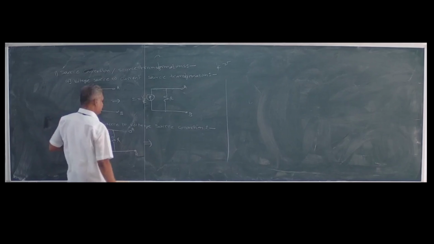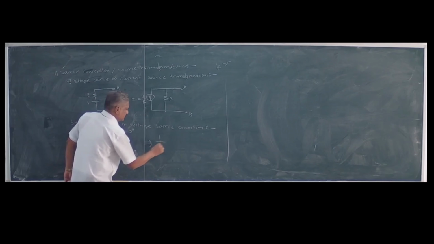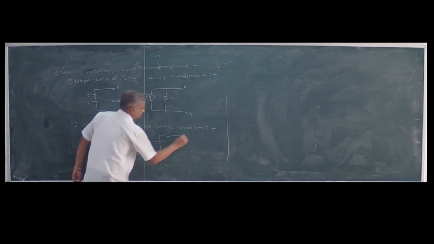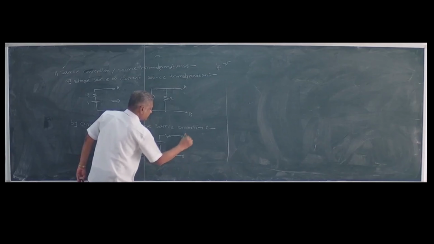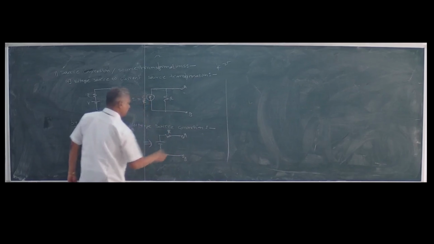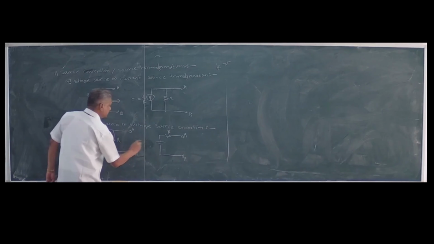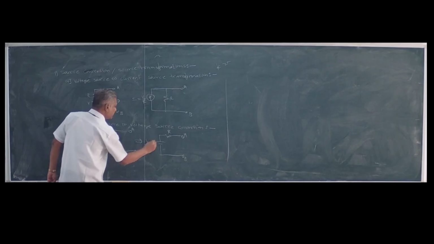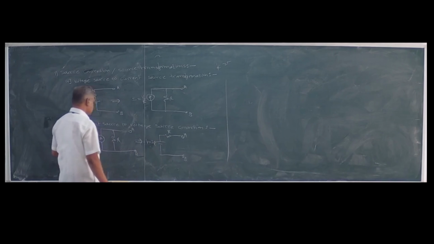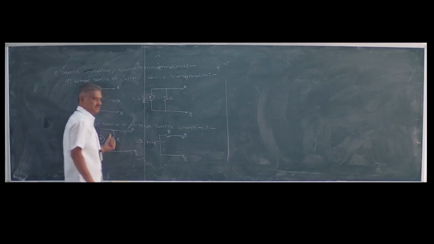This is the very same as something like this. Here is A, this is B, here is R, and this V will be equal to I into R, where I is this current and R is this resistance.